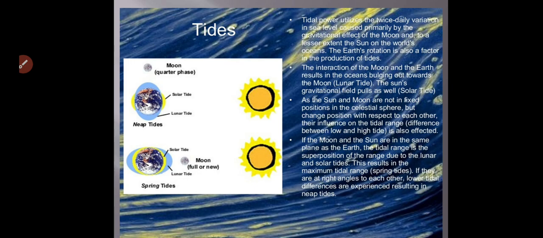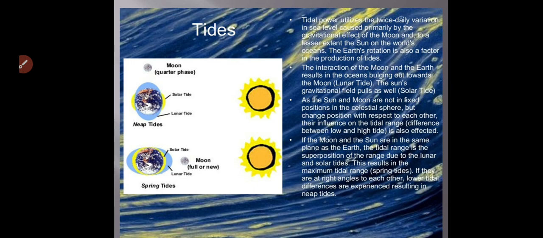If they are at right angles to each other, lower tide differences are experienced, resulting in neap tide. Neap tide is otherwise known as low tide and spring tide is otherwise known as high tide.